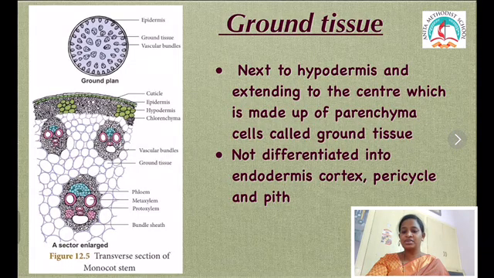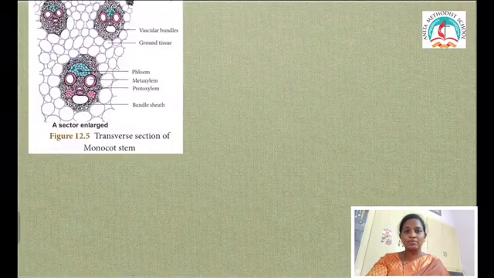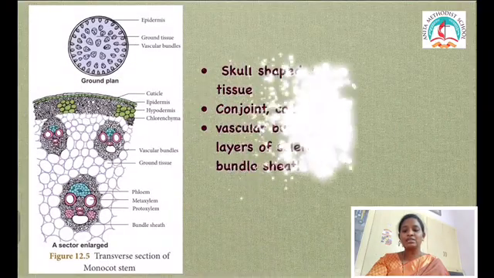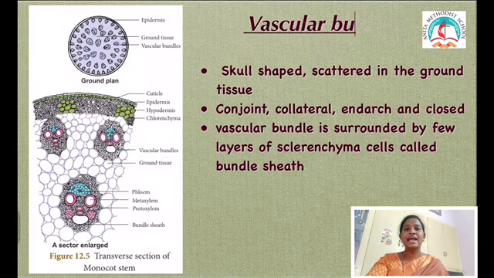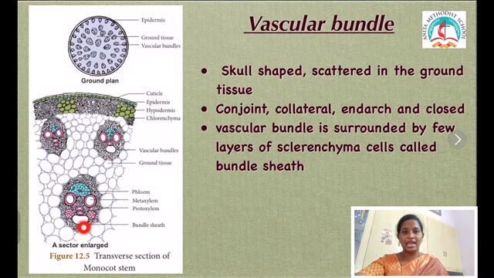The next structure we are going to see is vascular bundles. Vascular bundles are skull shaped and scattered in the ground tissue. You can see in this picture, vascular bundles are like a skull, scattered in the ground tissue. Vascular bundles are conjoint, collateral, endarch and closed.